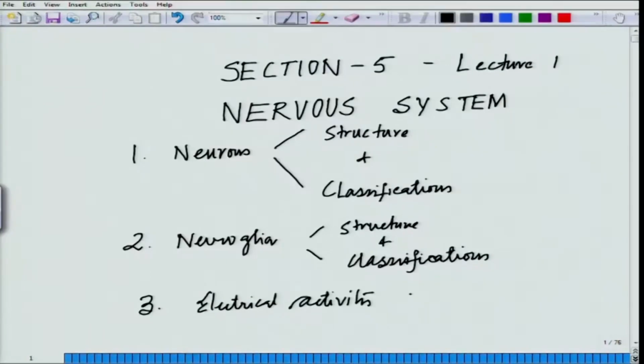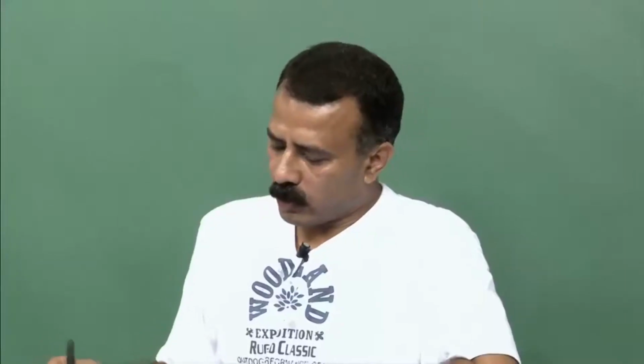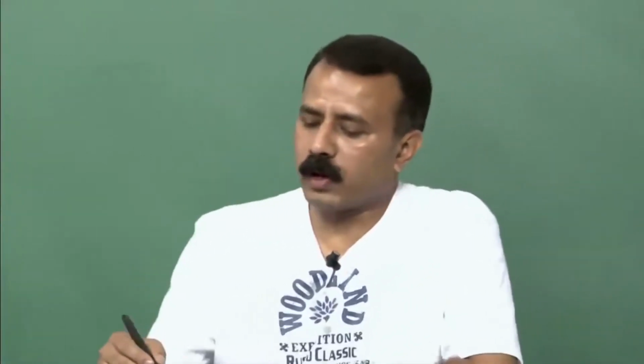Under that we will be talking about the chemical synapse, electrical synapse, and of course, in the beginning we have to define what a synapse is, and we will talk about the different circuits. So, this will give you an overall idea about how the nervous system functions at the cellular level. So, okay. From here let us move on to the neuron and the classifications of neuron.